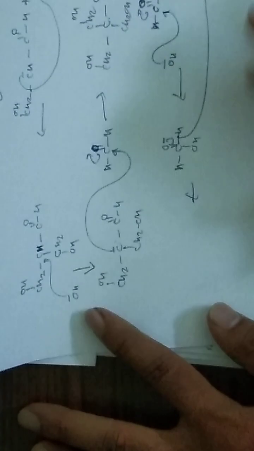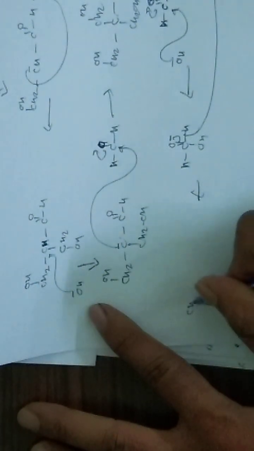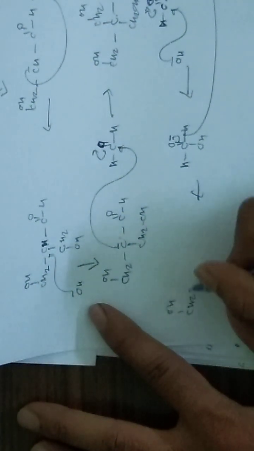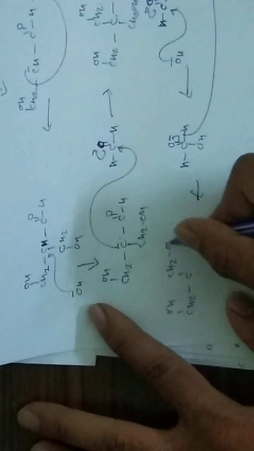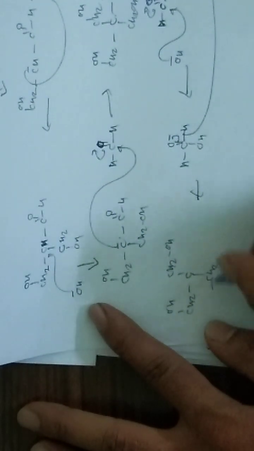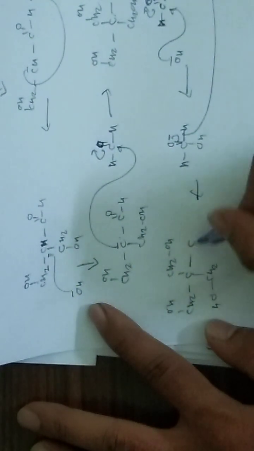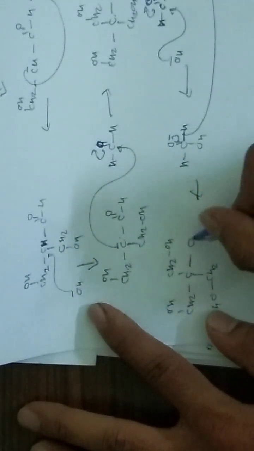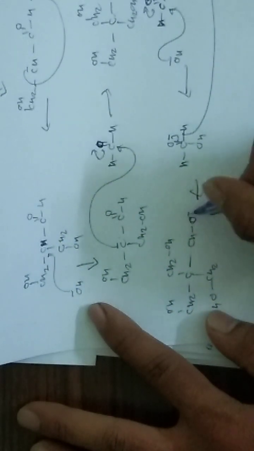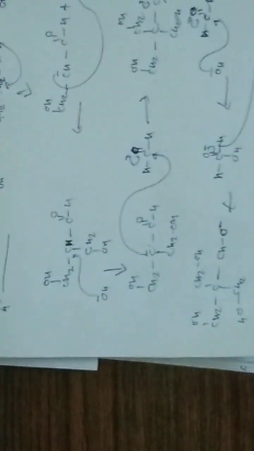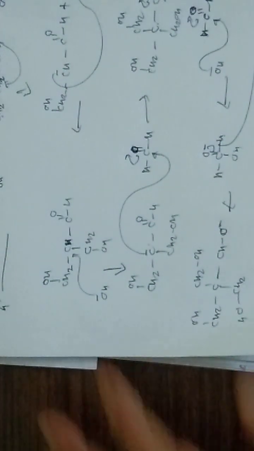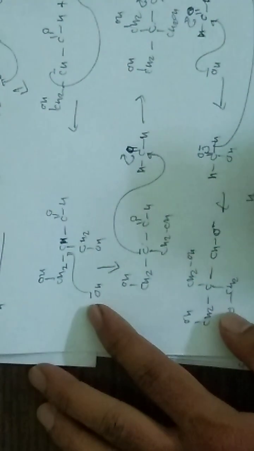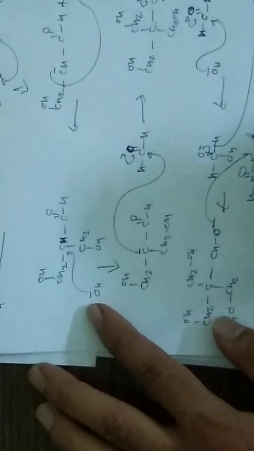So we get CH2OH, C, CH2OH, here CH2OH, here CH, here O minus, and now this is formed as formic acid, and this will take a proton from here.